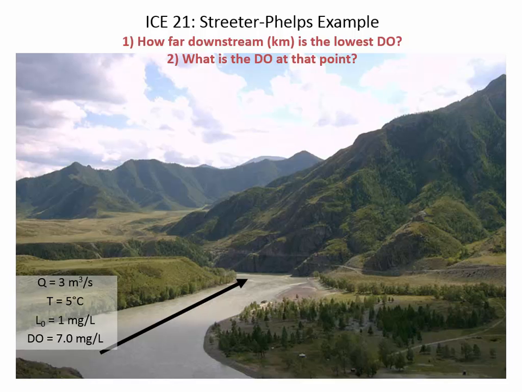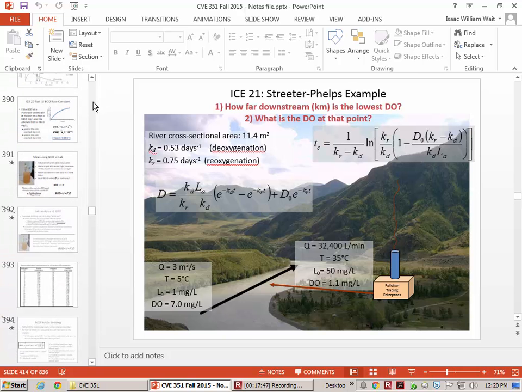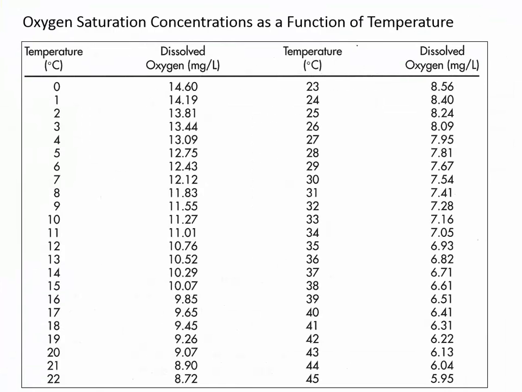Now, there's already a deficit there because we can go to a table I've shown you before, and the water temperature of the river is 5, right? So at 5, it should have 12.75 milligrams per liter. If it's in equilibrium with the atmosphere, it should have 12.75.